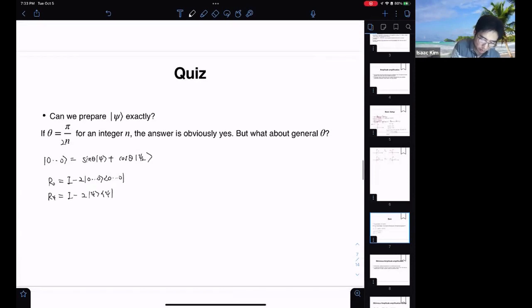And what we can simply do is introduce R0 tilde, which is the identity minus 2 the same all zero state, but you have one extra qubit, again in the zero state.